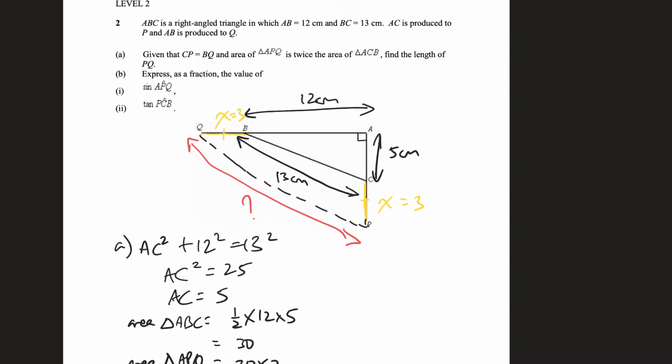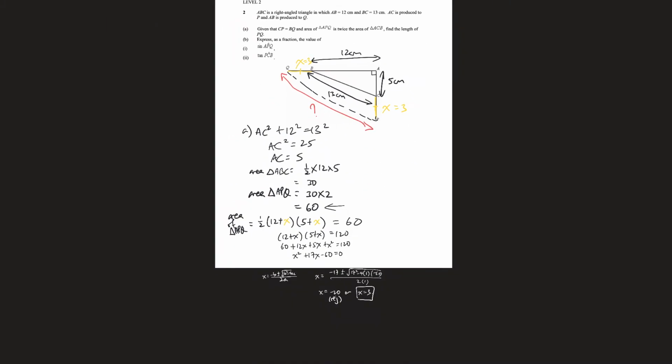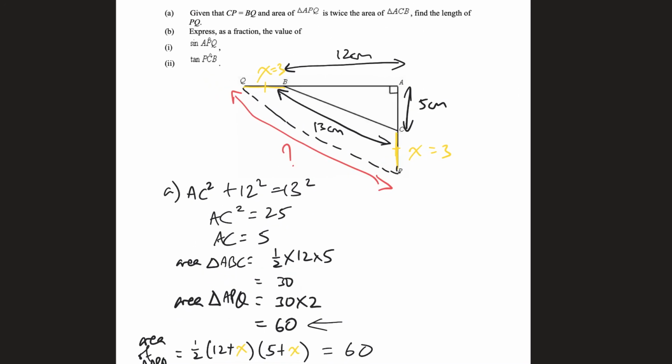So over here that is very helpful because this is 3, this is 3. Now we can apply our Pythagoras theorem, and we can say that this whole length squared plus this whole length squared equals this whole length QP squared. So 12 plus 3, this is therefore 15, and this is therefore 8.